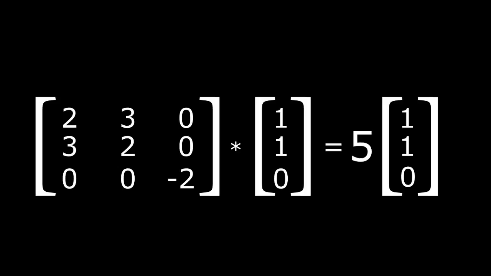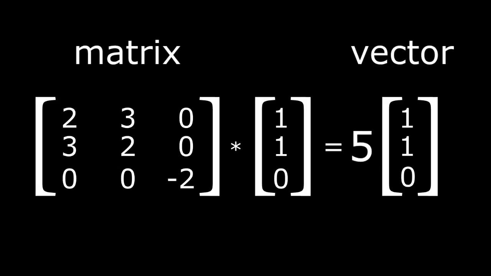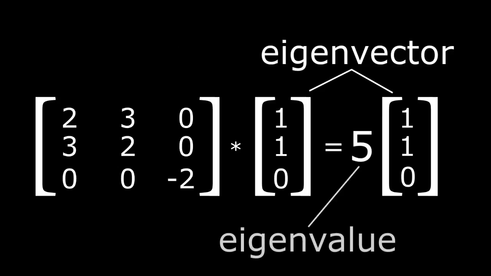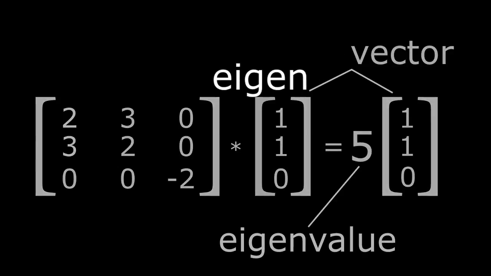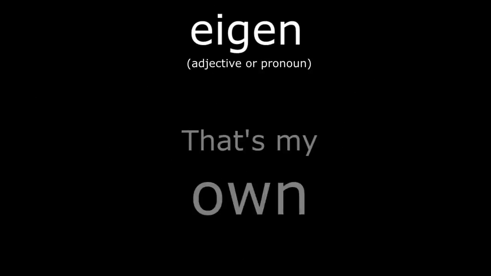In this special situation, when we multiply a matrix by a vector and the result is the same vector multiplied by a scalar, the vector is known as an eigenvector and the scalar number is an eigenvalue. Eigen is German for own, and not the verb own like I own that car, but the adjective or pronoun, that's my own.